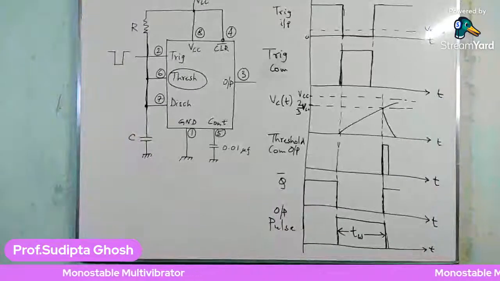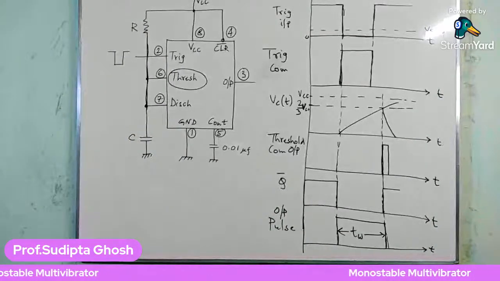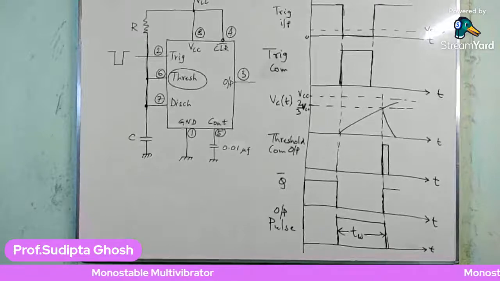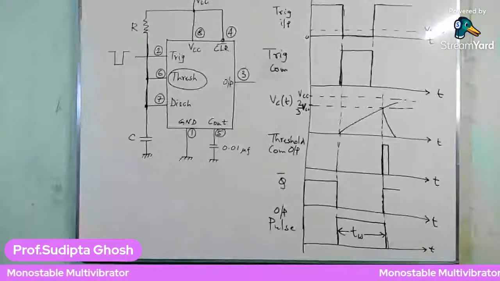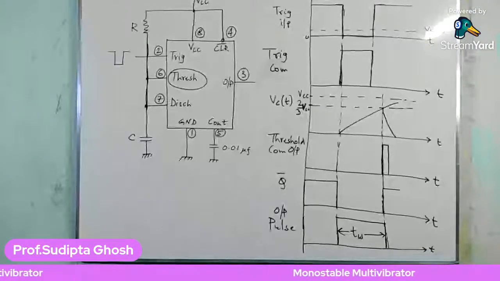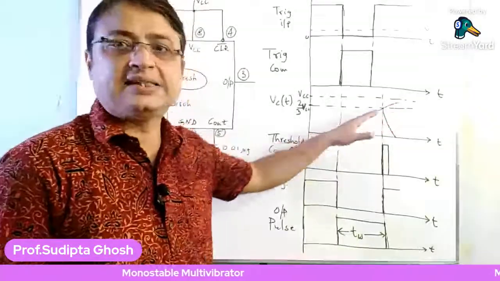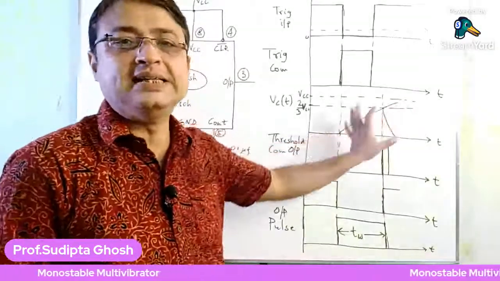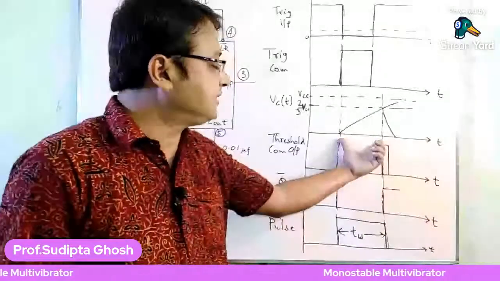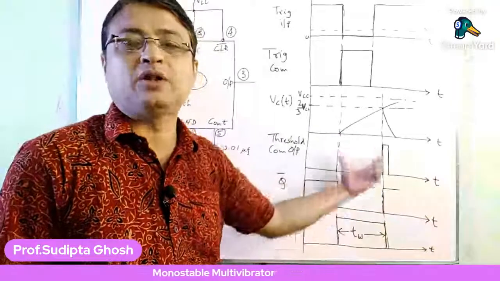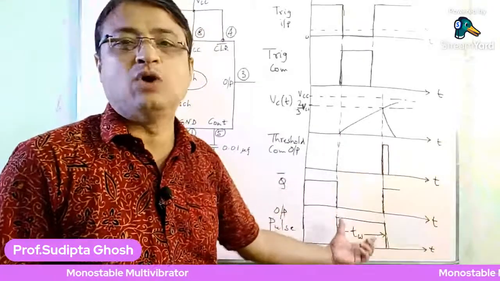Now from this timing diagram, it is evident that the pulse width TW depends on the time of charging. As the capacitor charges, this is actually the width of the pulse, or this is the value of TW.